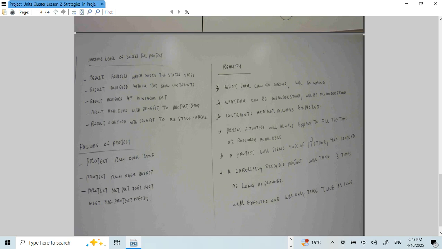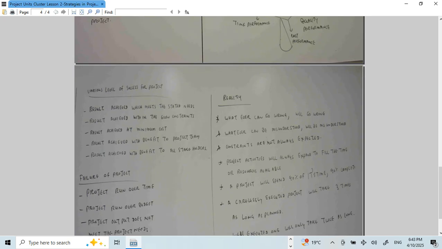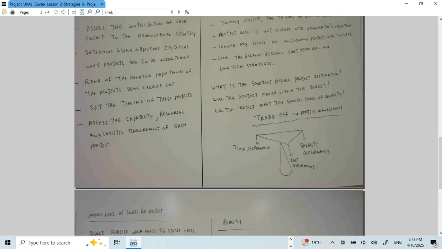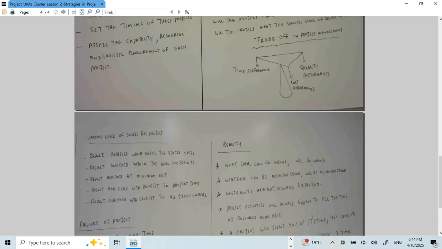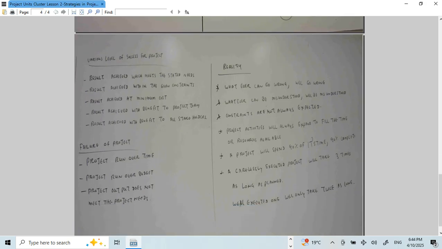Also, by doing the project, you will get new knowledge, new technical competencies, a new network, and new experience. Those things are benefits to the project team, not only financial benefits but also technical competency benefits. If your project team acquires them, you can say that your project is successful.